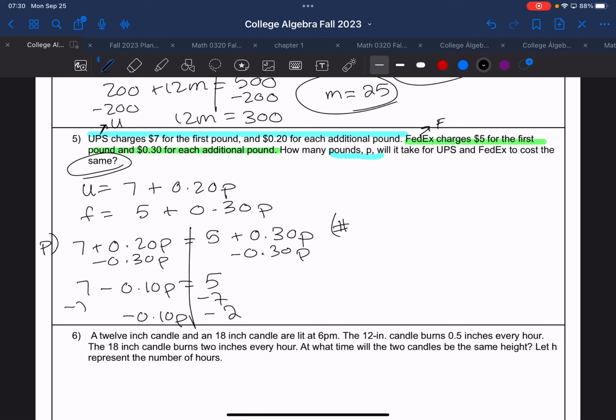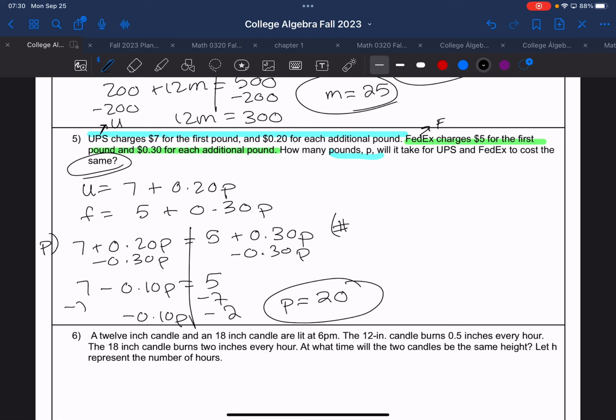And if I was to divide both sides by that negative 0.10, I would get P is equal to what number? 20. What would be my sentence? Good, so 20 pounds would mean they would cost the same.